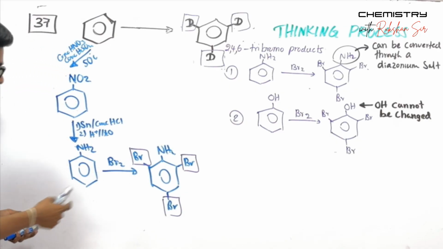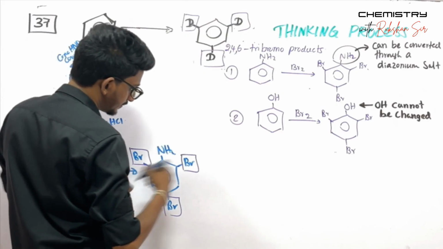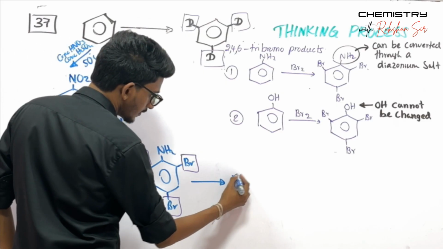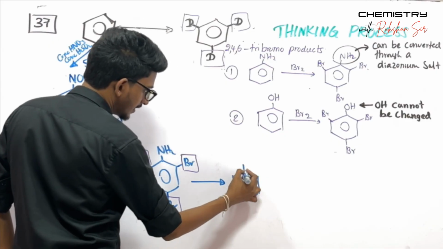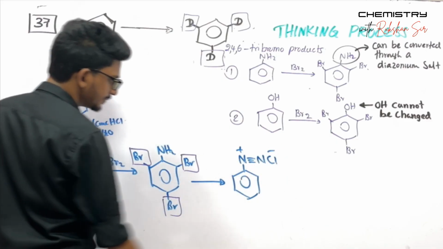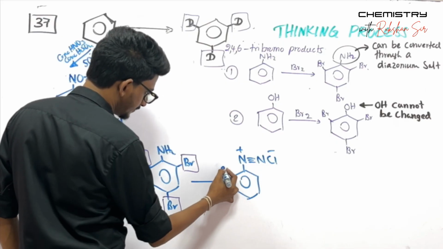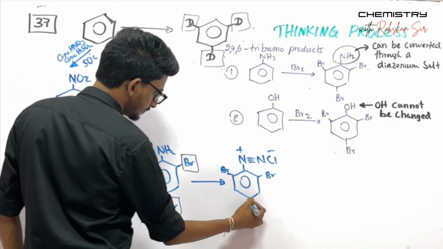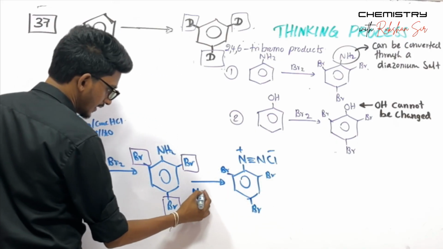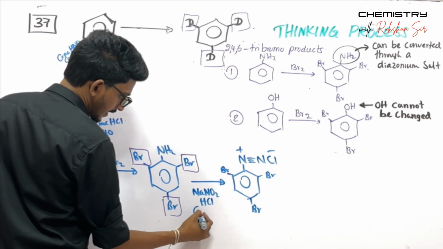So for that, we can first convert this into diazonium before coming up with the Grignard, by NaNO2 and HCl at 0-5 Celsius.